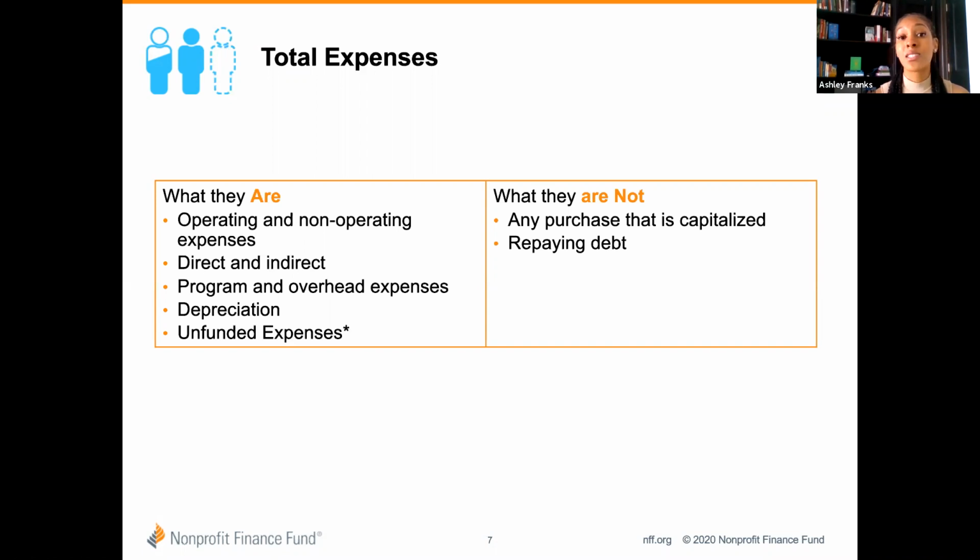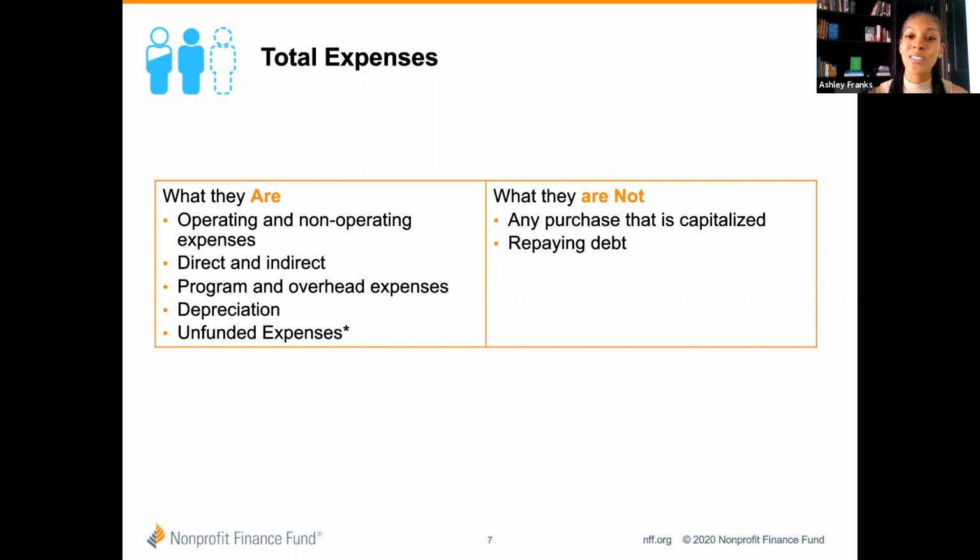What total expenses does not include are any purchases that are capitalized. So if you're buying a building or purchasing an expensive piece of equipment, anything that's going to be put on the balance sheet, that purchase does not show up here. That's going to go in another slice of full cost, which we'll cover later. And then also repaying debt principal does not show up in total expenses.